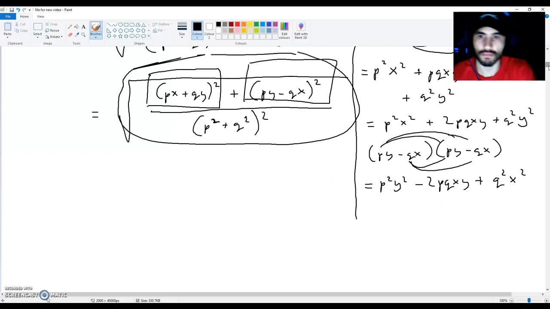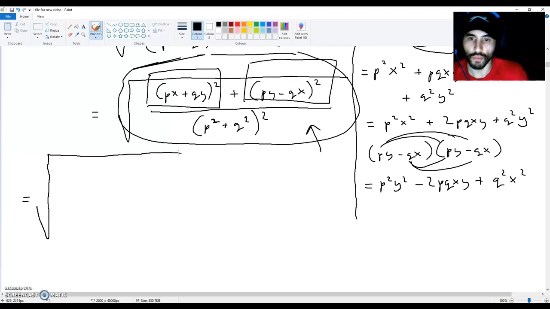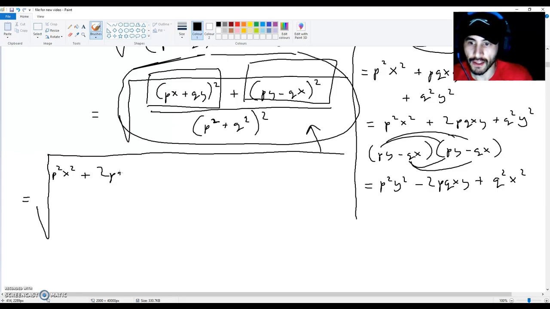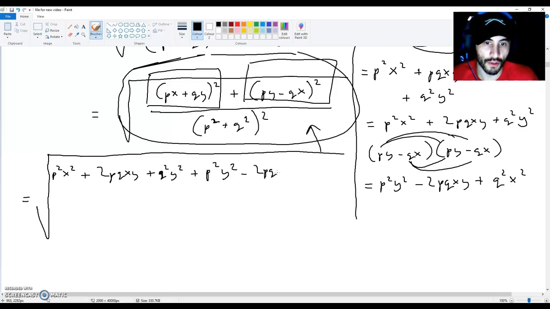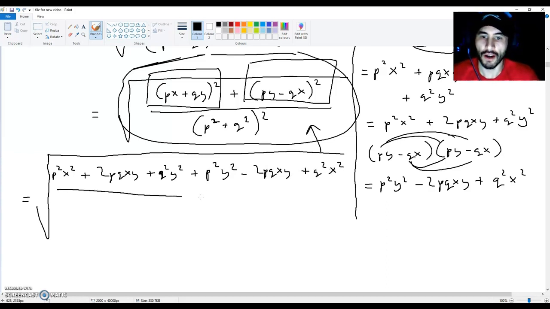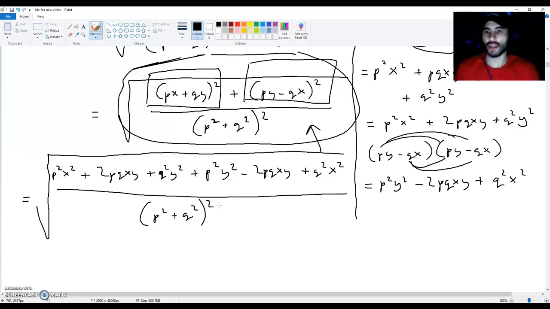This is going to be equal to root of p squared x squared plus 2pqxy plus q squared y squared, plus p squared y squared minus 2pqxy plus q squared x squared, over (p squared plus q squared) squared. Okay?